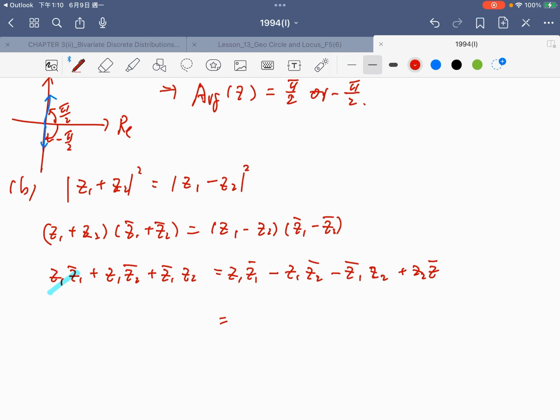Oh, sorry, I missed one term here. z2 times z2 conjugate.